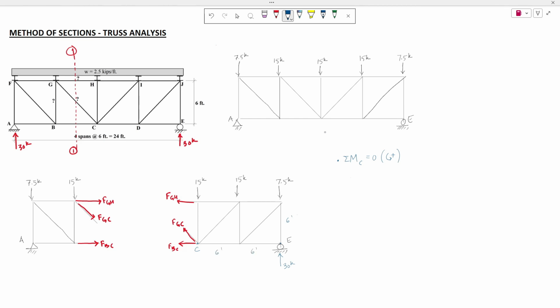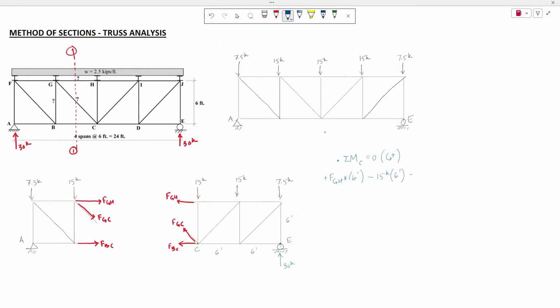So this member FGH is providing counterclockwise moment, positive FGH times the moment arm of 6 feet, and the 15 kips is not going to provide any moment. This 15 kips is going to provide clockwise moment, 15 kips times 6 feet.